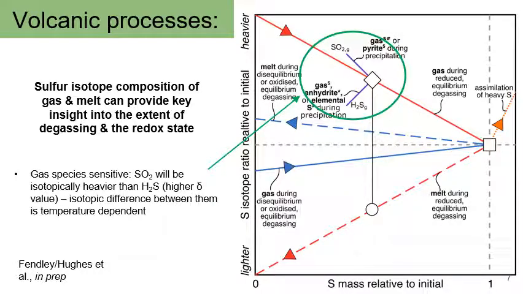In addition, the sulfur isotope composition of the gas is also sensitive to which gas species it is. So sulfur dioxide will be isotopically heavier than hydrogen sulfide and have a higher delta value. And then the difference between these two is temperature dependent, and we'll touch more on that later.